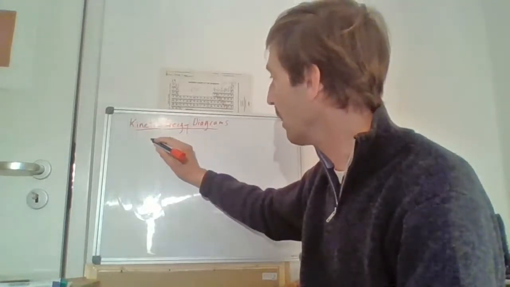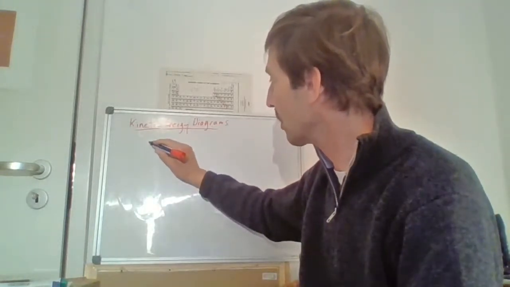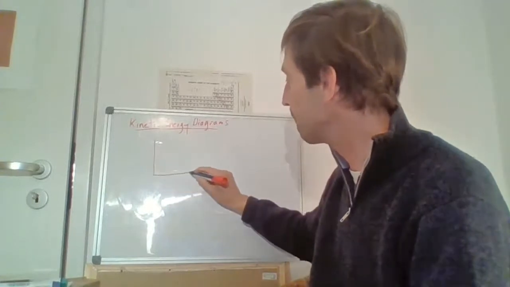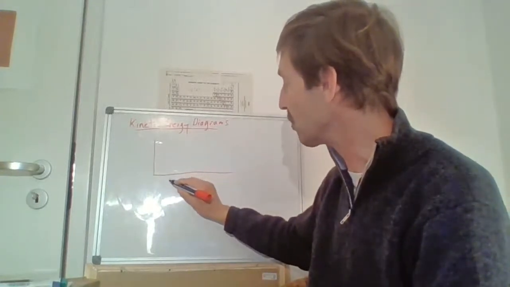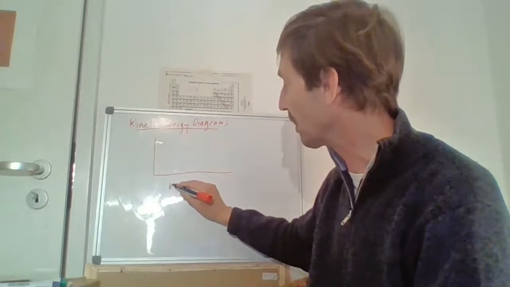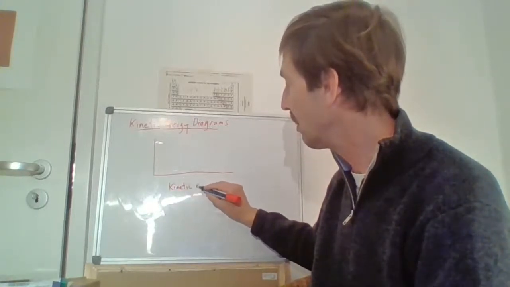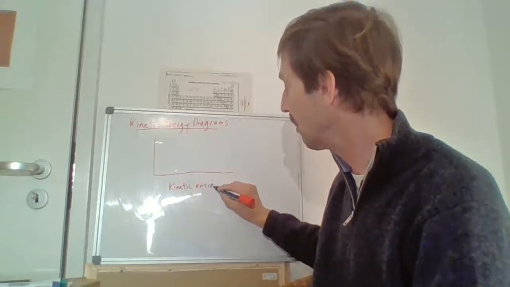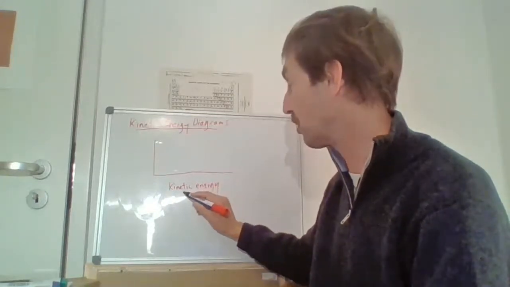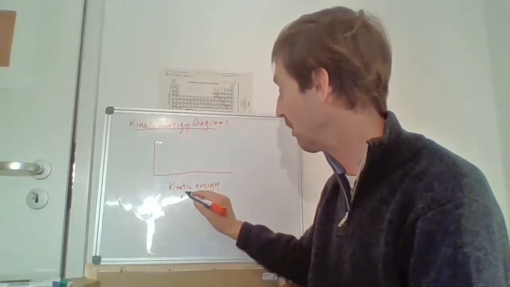So let's check it out. For this, it's sort of different because the energy is down here. So this is called the kinetic energy of the chemicals, of the particles.